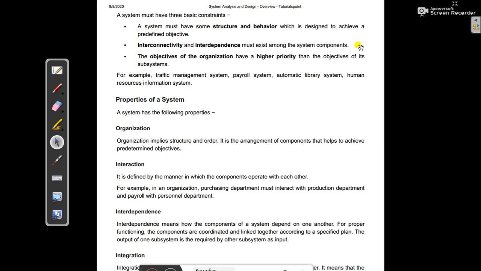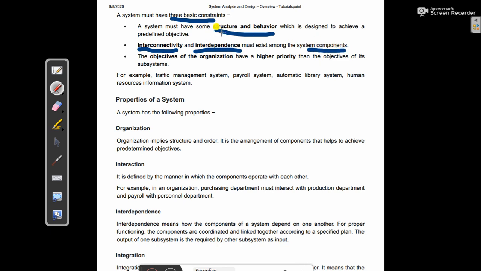So here again we can see a system must have at least three basic constraints. First, a system must have some structure and behavior. It should be connected, with interconnectivity and interdependence among the components.